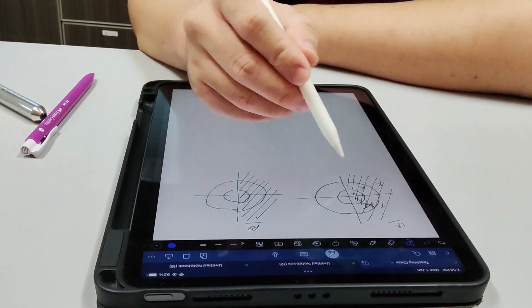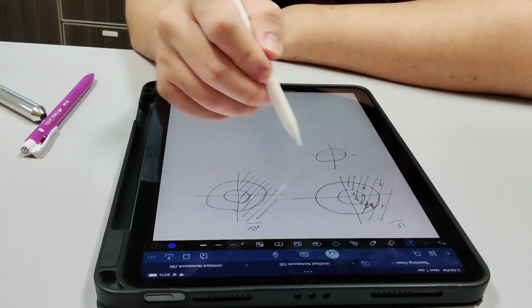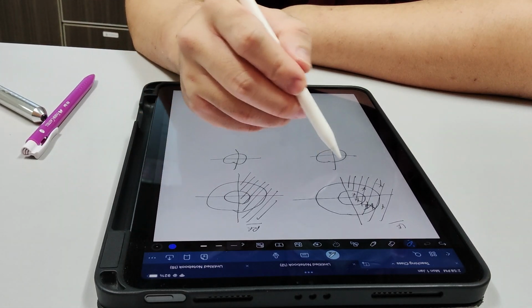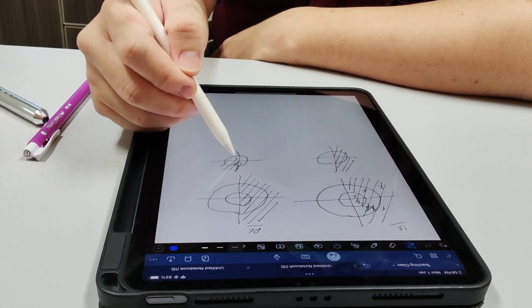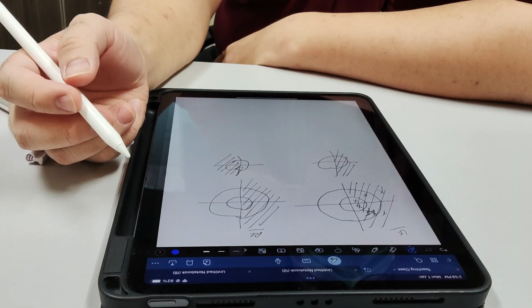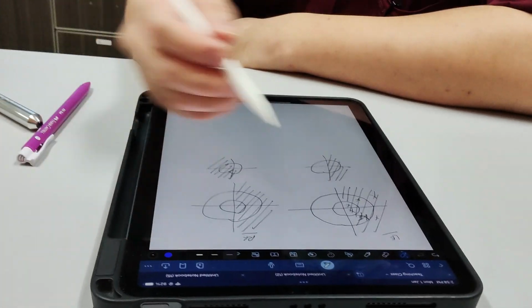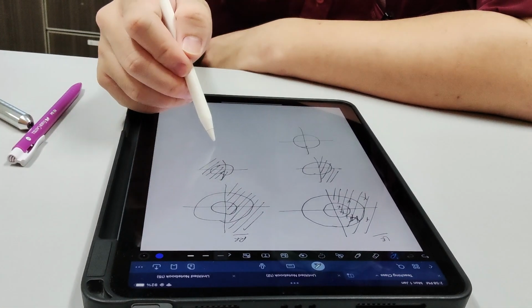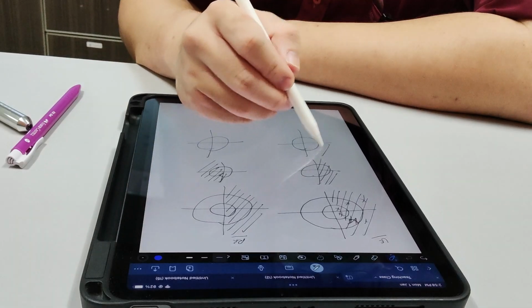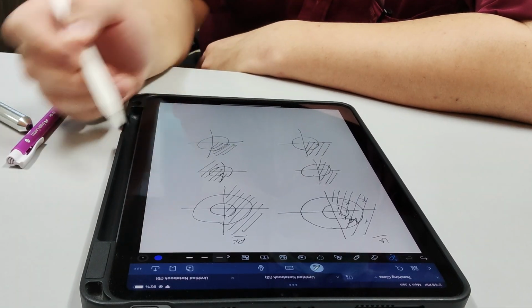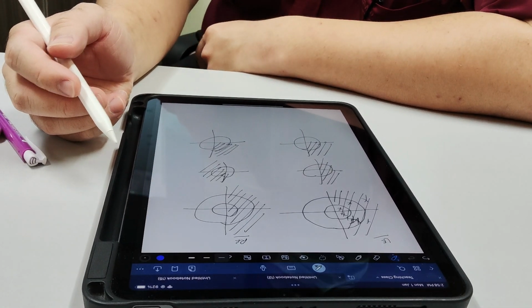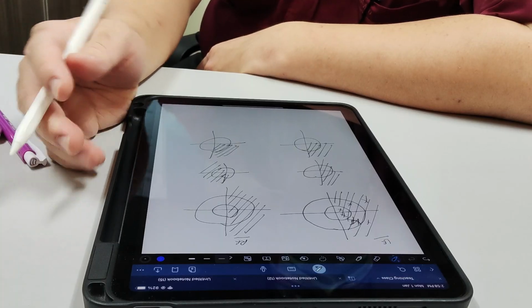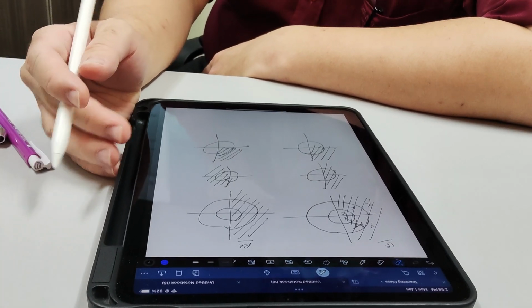I simplify. So let's say it's like this: this is a bitemporal hemianopia. And this is a left superior quadrantanopia, just the quadrant only.